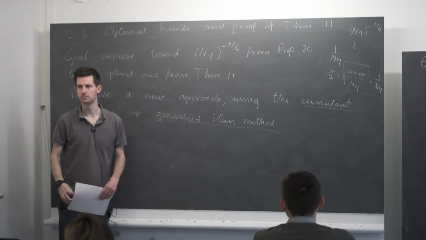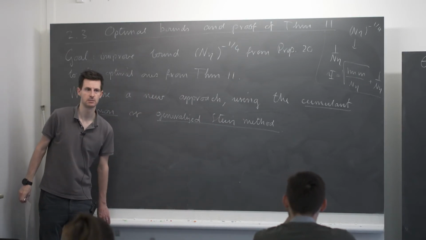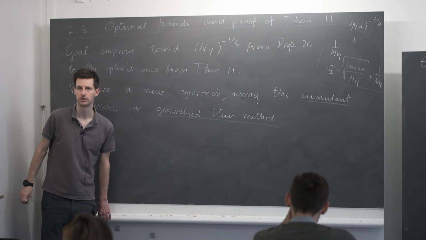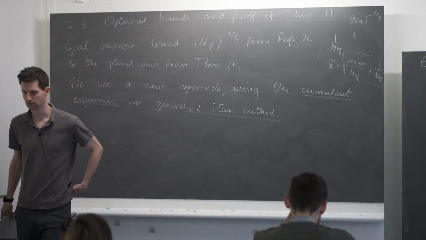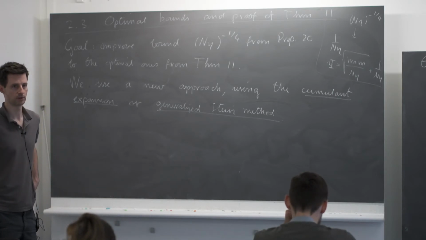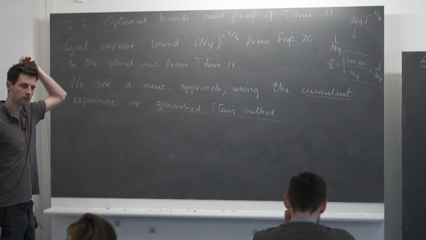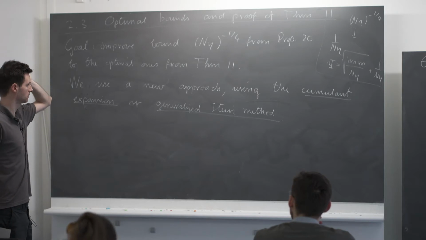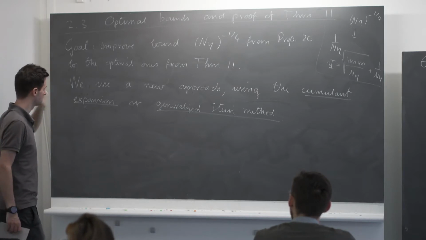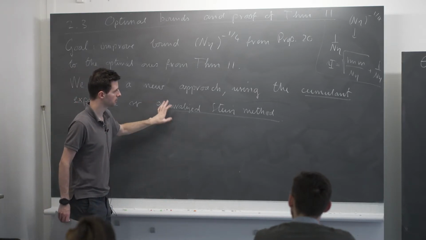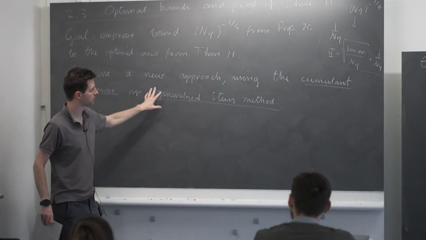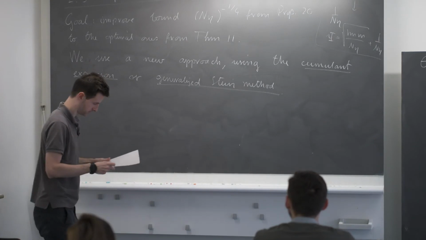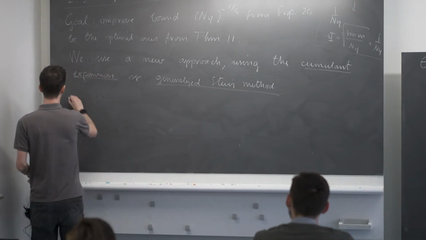Does anyone know the Stein method? Has any of you seen the Stein method? No, for proving the central limit theorem. It's one of the three classical proofs of the central limit theorem. You've probably seen the one using characteristic functions. There's this one by Stein. So we will not actually do it because we don't need it, but the ideas are based on generalizations of his method. So how does it work?